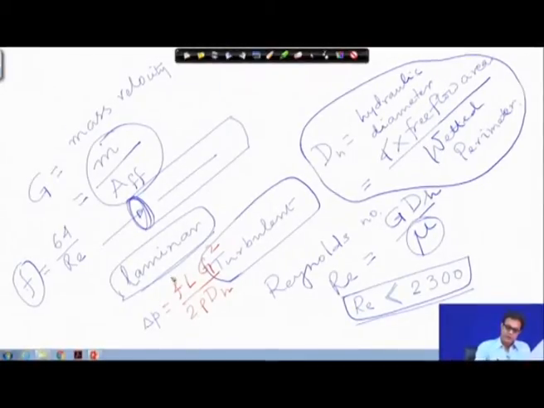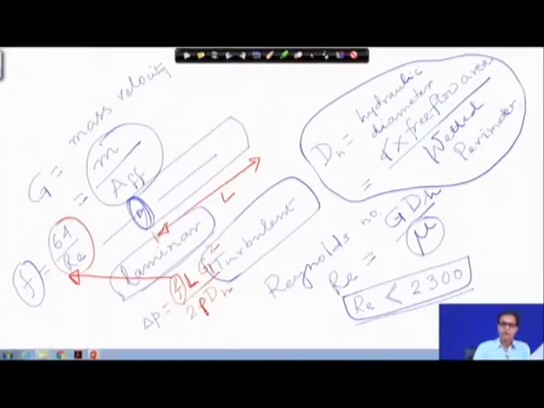So, this f in case of laminar flow through a circular pipe, we will be using 64 by Re. G is the mass velocity, L is the length of the tube, and rho is the density of the fluid. So, this is how we calculate the pressure drop across the length of the tube.